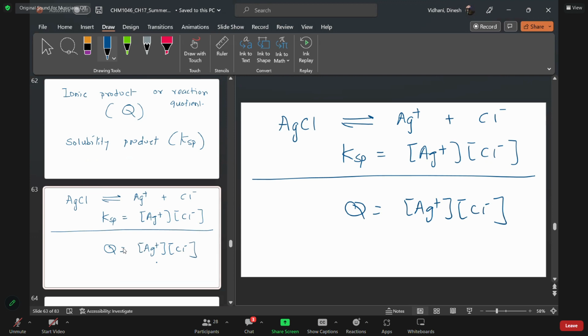Any idea about that? Any idea, guys? Anyone wants to pitch in here? What is the difference between these two?